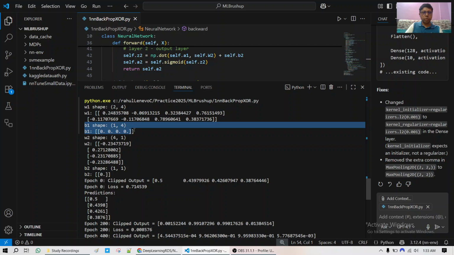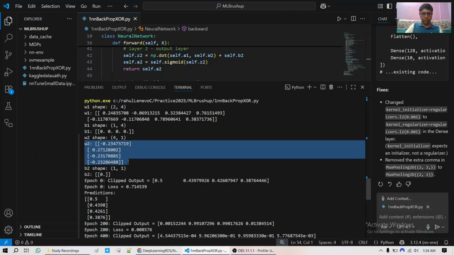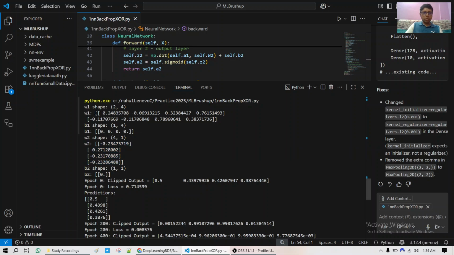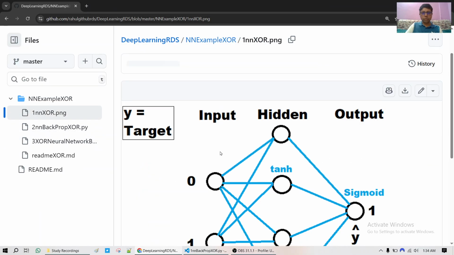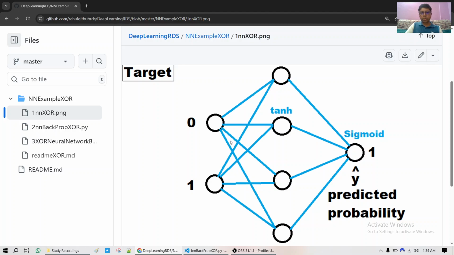Like shape 1, we have bias B1, and the shape is 4 comma 1. These are the weights, you see, these are the 8 values here: 1, 2, 3, 4, 5, 6, 7, 8, right?